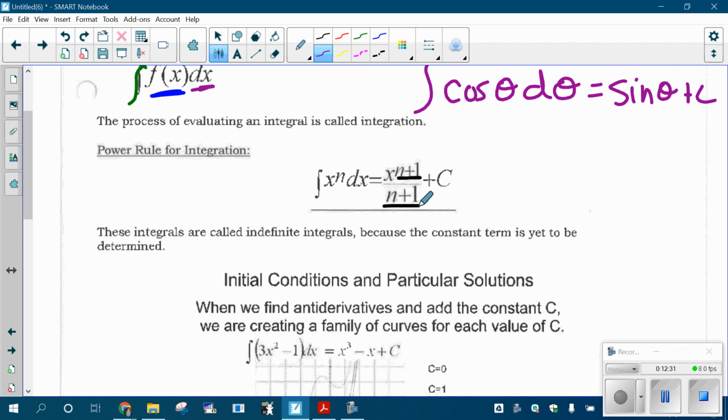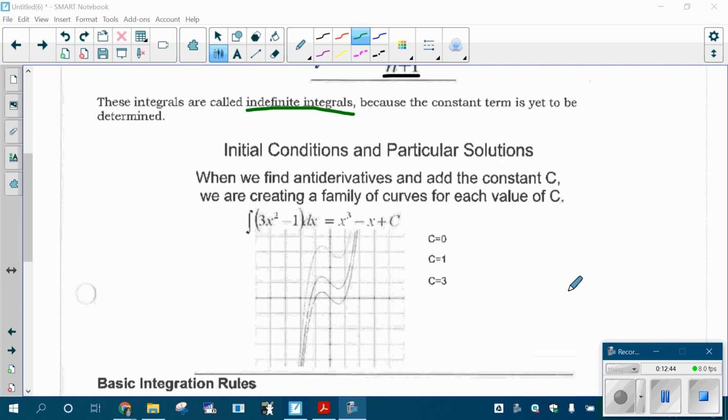Okay. For now, again, I mentioned we're calling this indefinite integrals. That's because we don't know the plus c. That's one way to think about it for now. Now, if we did want to narrow down what the original function was, we could very easily do that if they told us, hey, find the antiderivative of this function, and oh, by the way, it has to go through this one particular point.